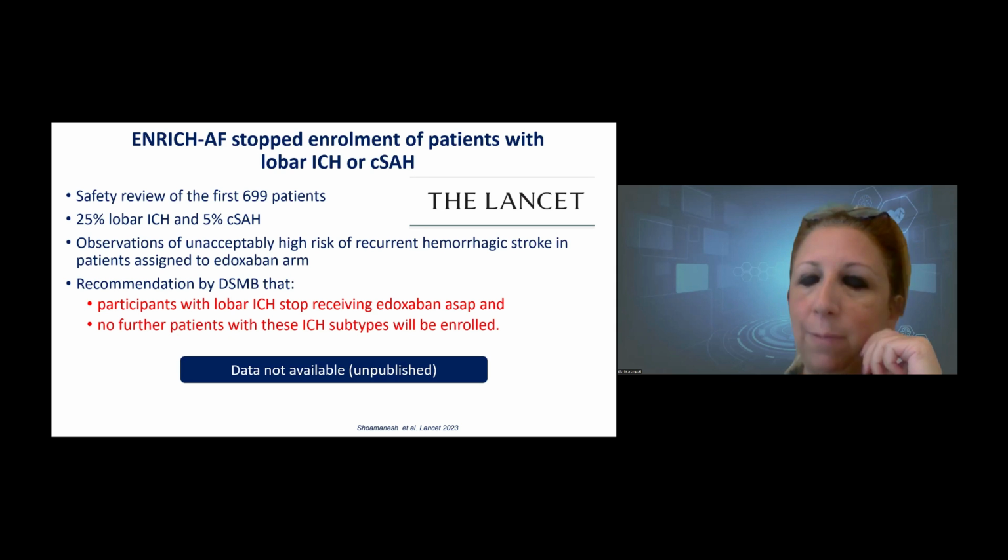This is a correspondence published last year in Lancet on behalf of the ENRICH-AF Steering Committee, the largest of the ongoing randomized controlled trials, stating that the trial stopped enrollment of patients with lobar intracerebral hemorrhage and cortical subarachnoid hemorrhage. More specifically, after a safety review of the first 700 patients, 1/4 of them had lobar ICH, and based on observations of an unacceptably high risk of recurrent hemorrhagic stroke in patients assigned to the edoxaban arm, this study compares edoxaban versus no oral anticoagulation.